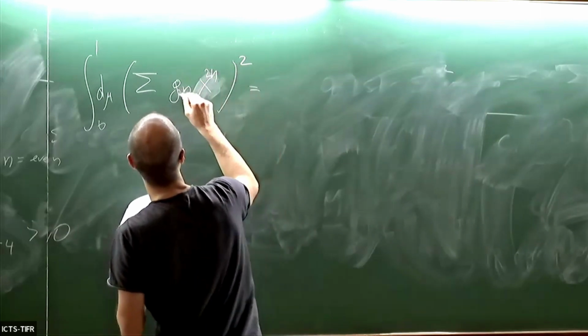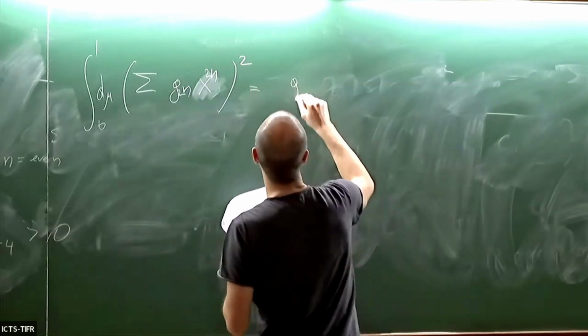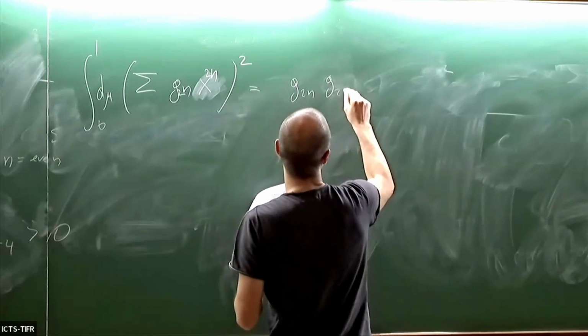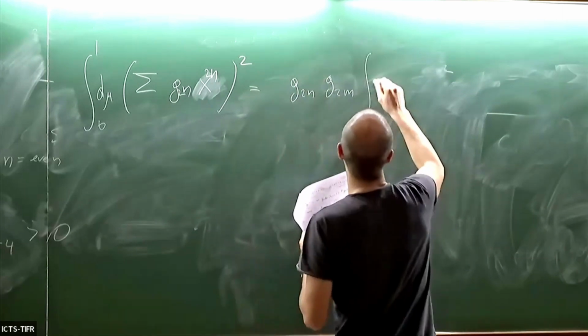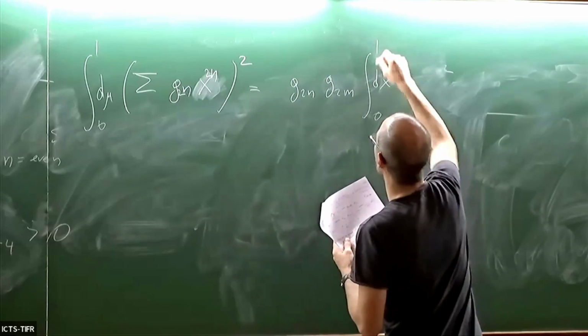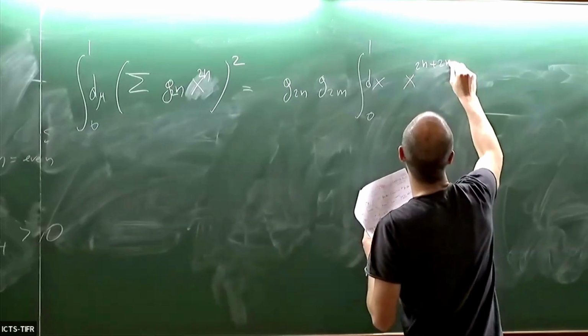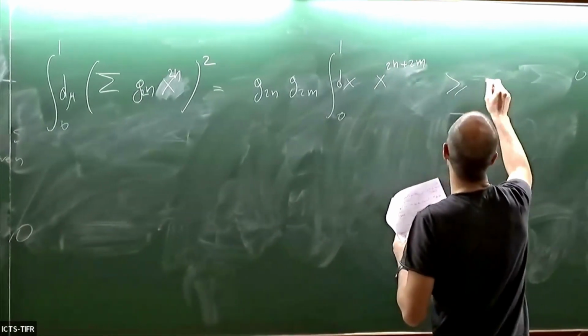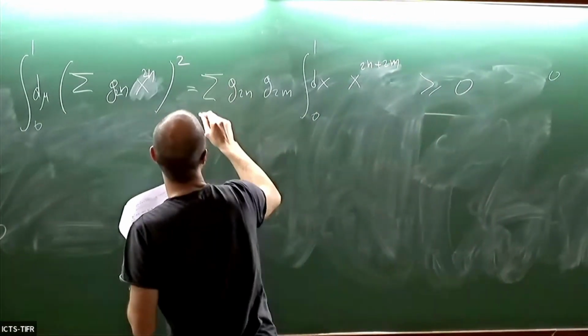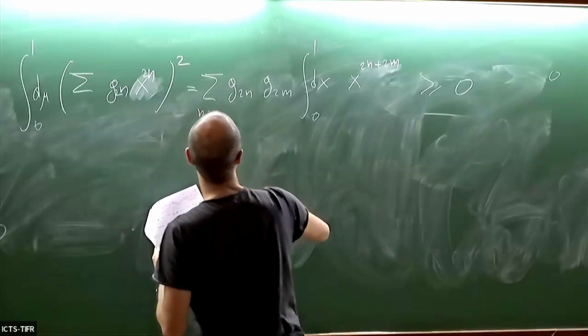So we're going to get x^n, x^m, for any coefficients.